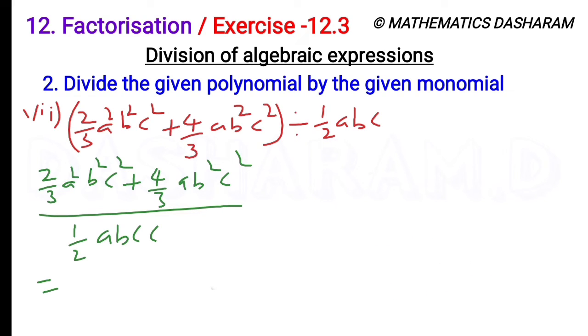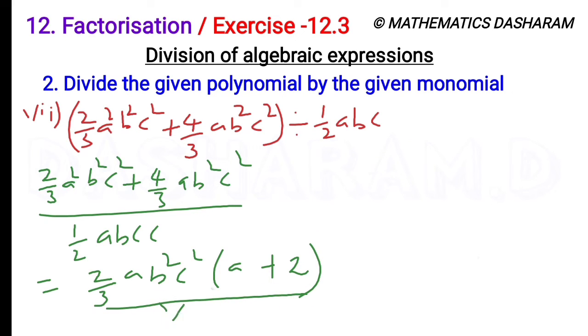So 2 by 3 is a common now, and out of a square, a is a common. Next, out of b square, c square is a common. So here in the first term the remaining is a, and out of 4 by 3, 2 by 3 is a common, so 2 will be there, and no variables, and all divided by 1 by 2 into a into b into c.